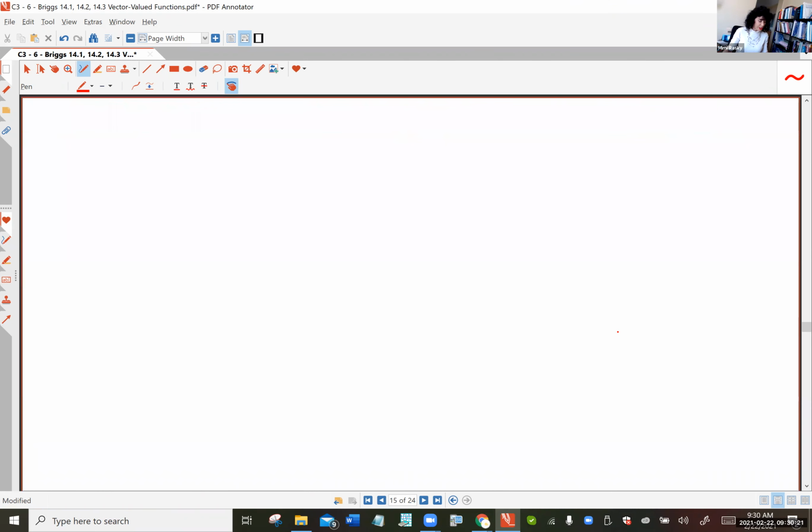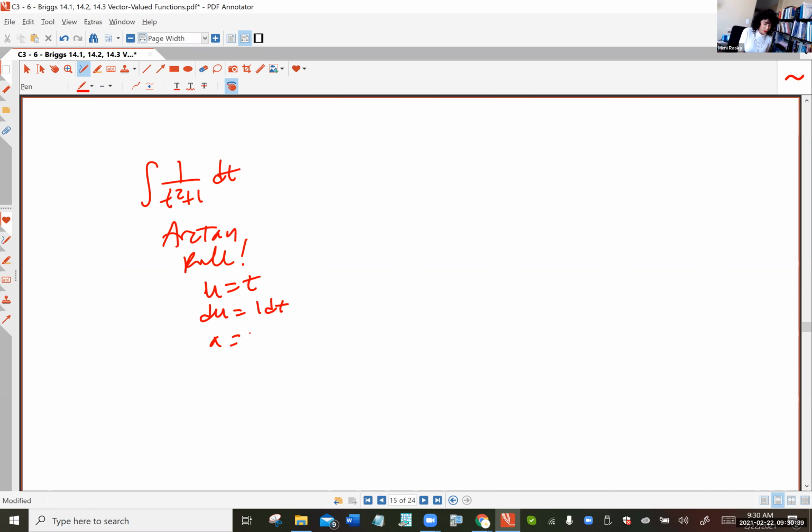Okay, so let's take a look at this problem. The first thing that you should have done is individually tried to integrate the components. Hopefully you noticed that this is the arctan rule. You should know your arctan rule because I'm really into it. Here u is t, du is 1 dt, and a is 1.